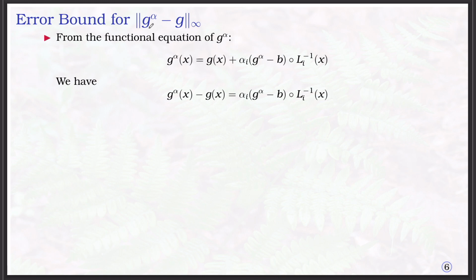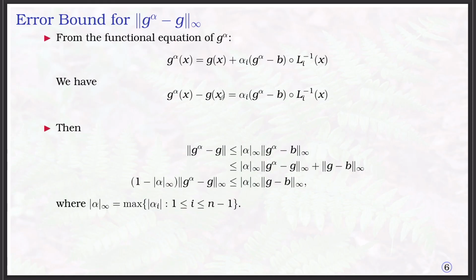Now, we will find the error bound between g alpha and g. For finding the error bound between g alpha and g, we can take this functional equation g alpha of x equal to g of x plus alpha I times g alpha minus b composition Li inverse of x. You can take the g of x to this side and use the supremum norm, because all the functions are continuous on the closed interval a comma b. Then with respect to this metric, supremum metric or maximum metric, it forms a complete metric space.